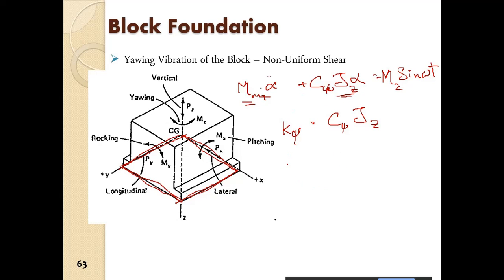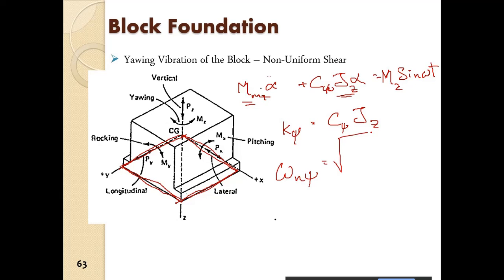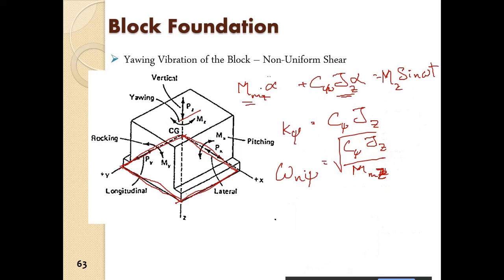Similarly, we will have the natural frequency, which is equal to the square root of k psi by the mass moment of inertia, and we have the maximum angular displacement, alpha max, or alpha amplitude.